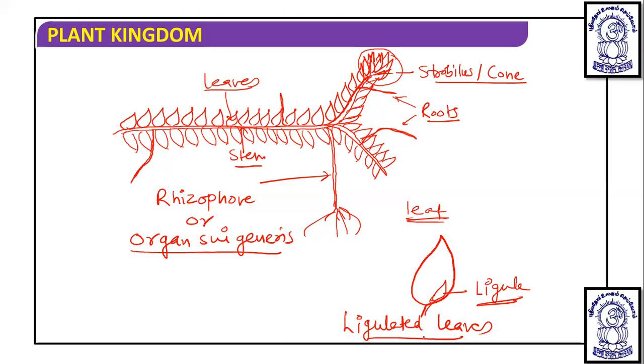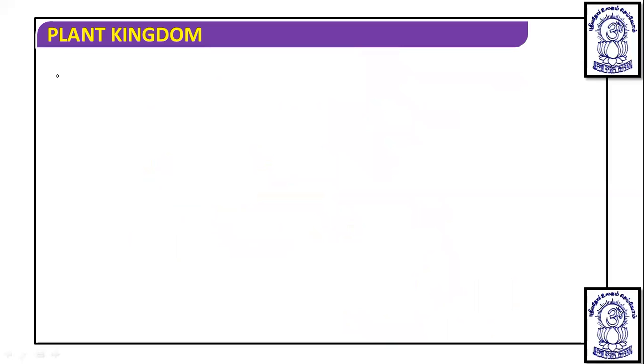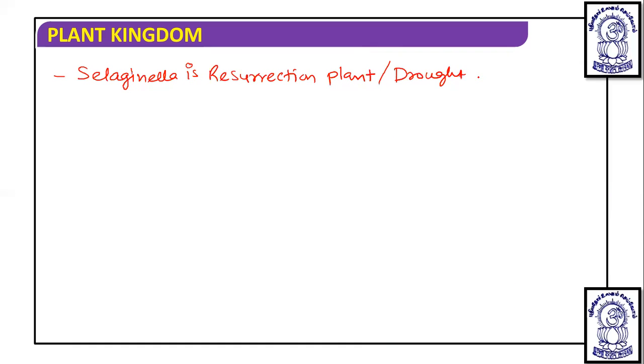Apart from this, if we talk about some characteristics of Selaginella, then we come to know that this Selaginella is a resurrection plant, or we can say a drought escaper.